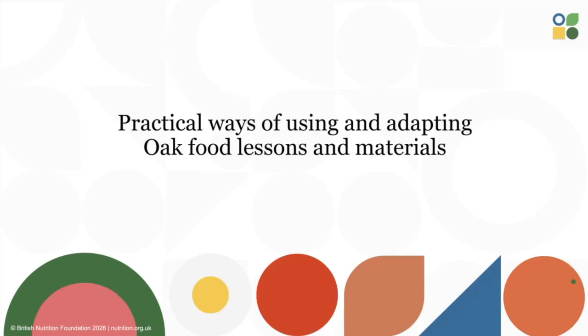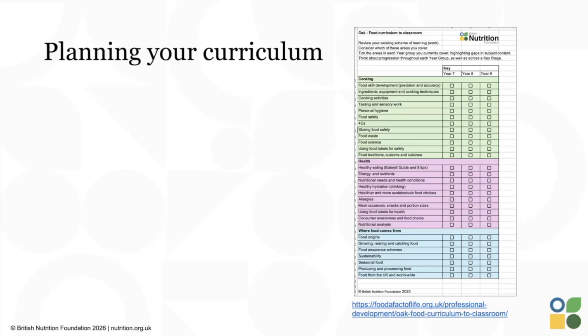Now we're going to quickly move on to the practical ways of using and adapting these OAK lessons and materials. What I would suggest is first of all to think about your own curriculum, what you offer, and think about your own planning. One of the first things that we've produced guidance around is a very short guide and audit about developing your own curriculum.